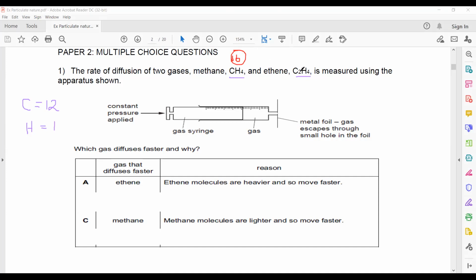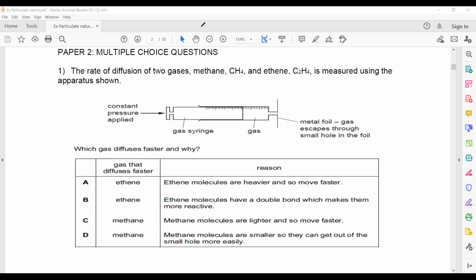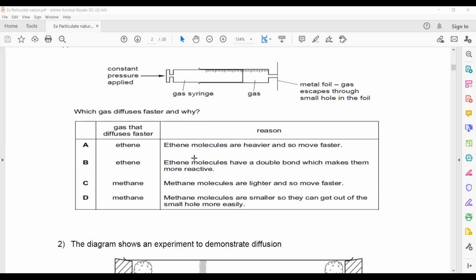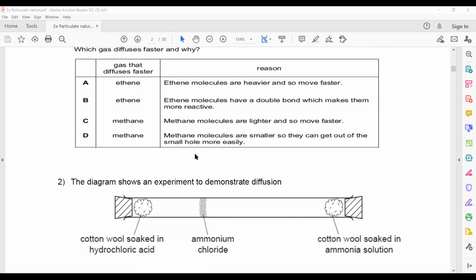The total mass of ethene, C2H4, is 12 into 2, 24, plus 4, that makes 28. So the right answer for this one is methane. Why methane? Because the molecules are lighter, so it will move faster. Is it clear to everyone? As most of you answered correctly, C is the right answer.